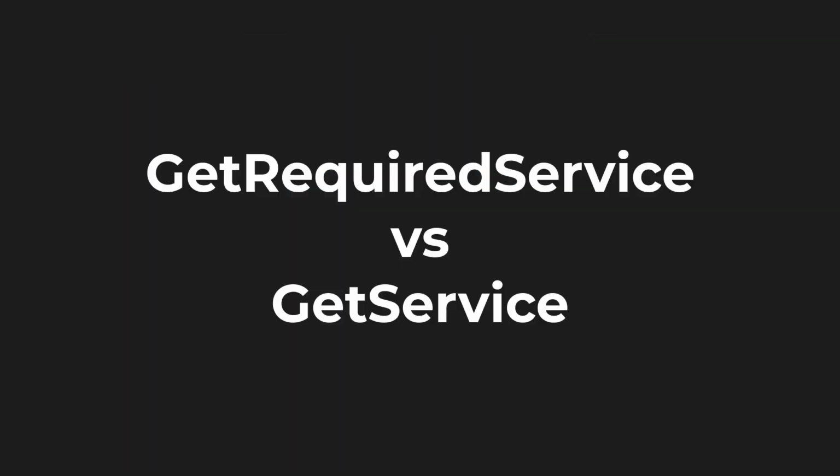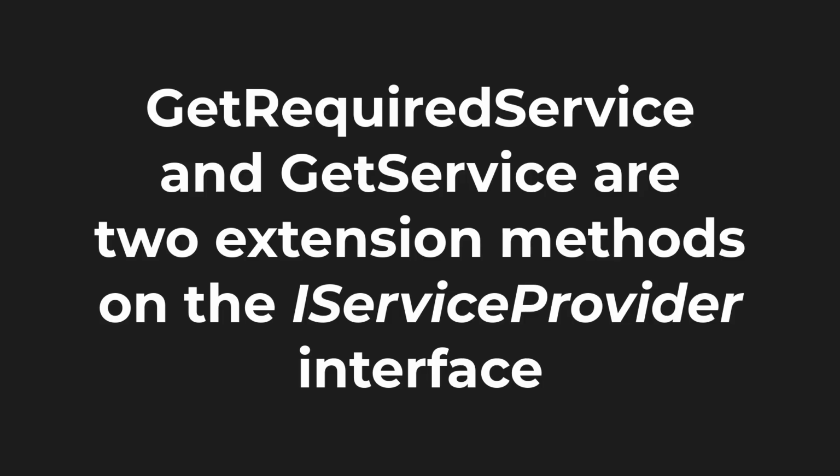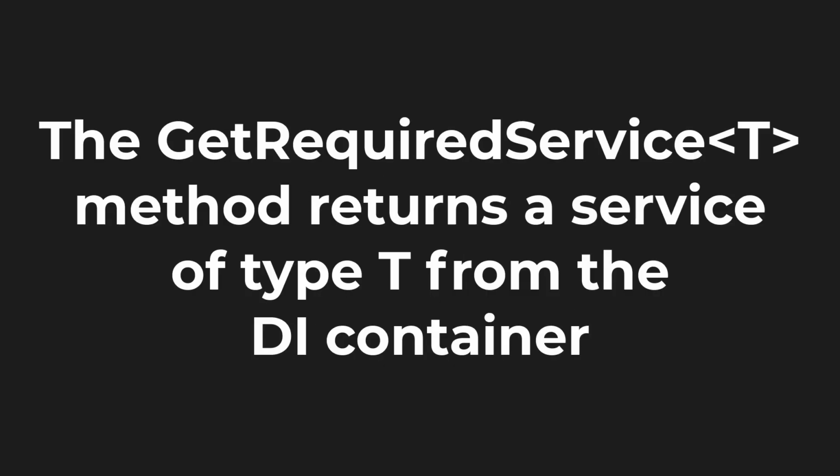Finally, a quick word about the difference between GetRequiredService and GetService. GetRequiredService and GetService are two extension methods on the IServiceProvider interface. The GetRequiredService method returns a service of type service type from the dependency injection container.